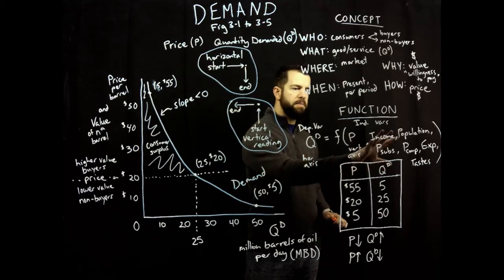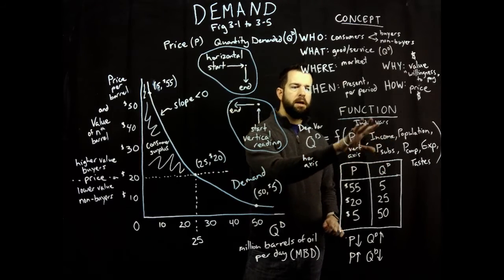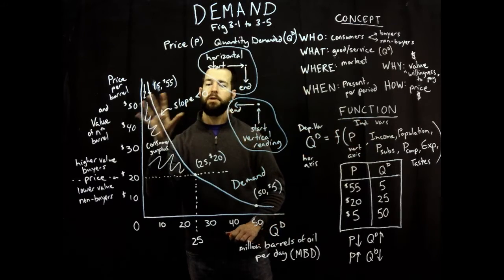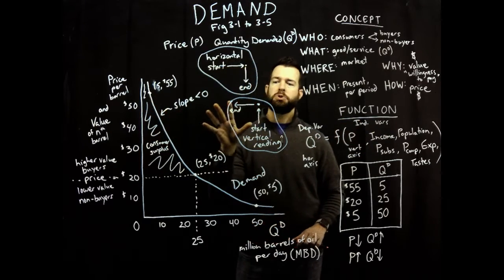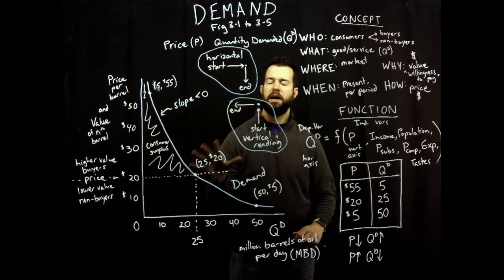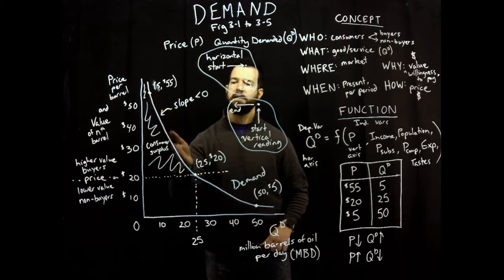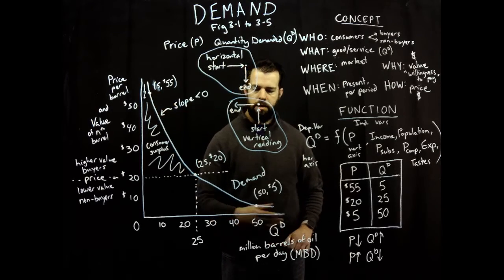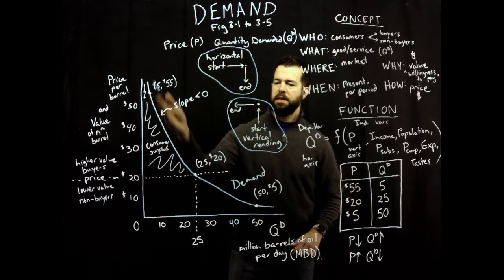All other things being held constant are held constant until they're not. And when they're not, we are going to shift the demand curve. Okay? We're going to move the entire demand curve because the relationship between price today and the quantity demanded is already represented by this demand curve.